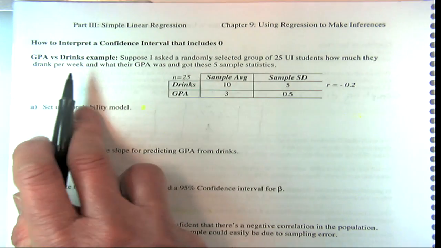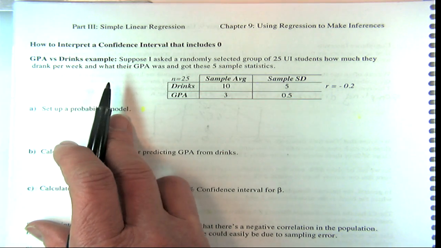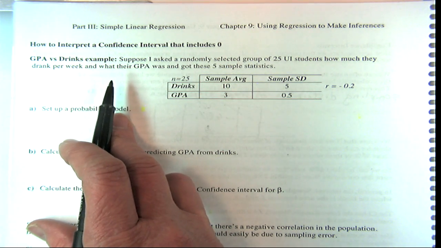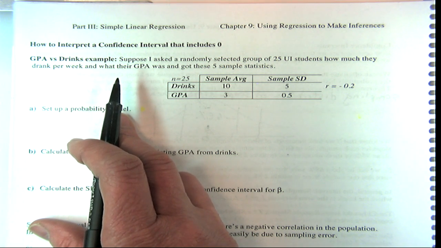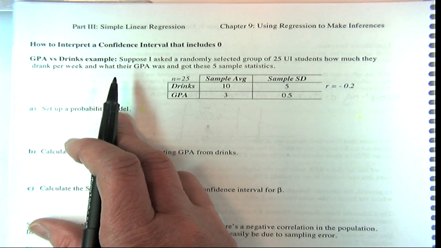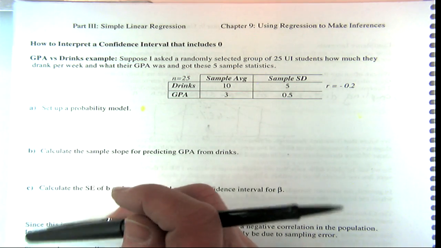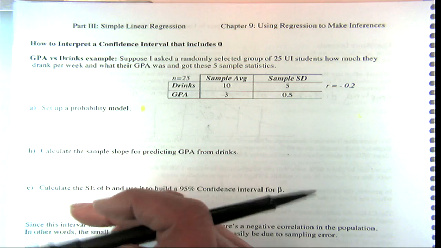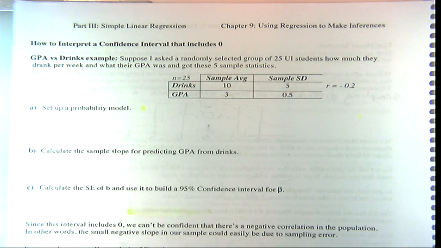So here's our GPA versus drinks example. I asked you this question on your survey too. It's due Friday. By the way, please answer honestly so we can collect decent data. The truth is so much stranger than fiction, stranger and more interesting. It's extraordinary that we can do this.